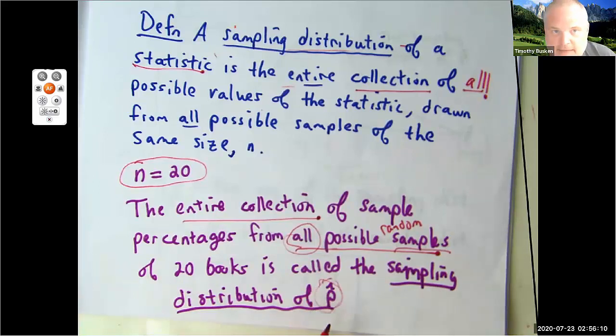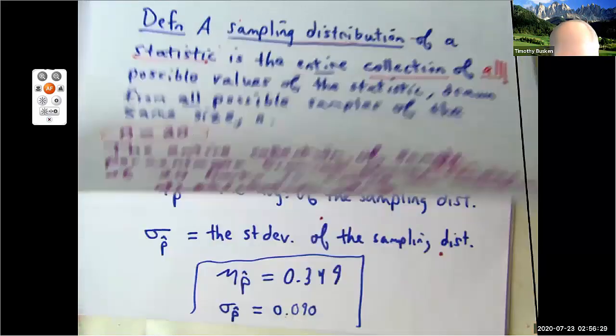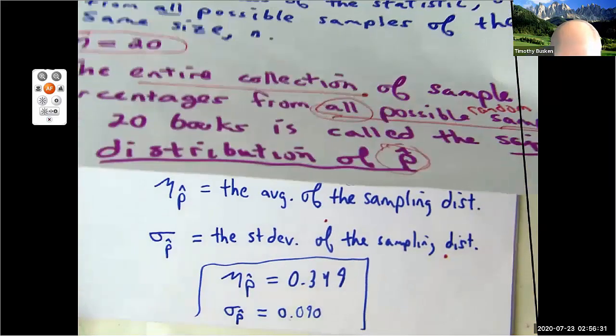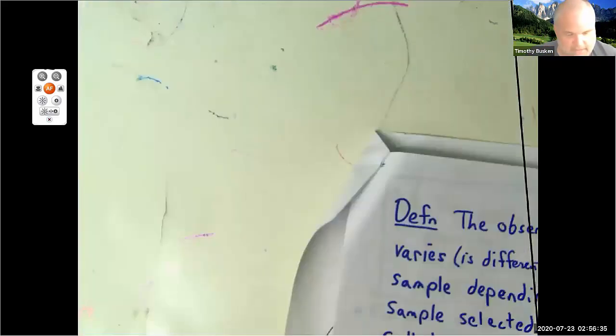But if I graph that list of p hats as a dot plot, then I'm going to get a somewhat fair approximation of what the actual sampling distribution looks like. Any questions about that? And I probably lost people, but hopefully I can get you back.